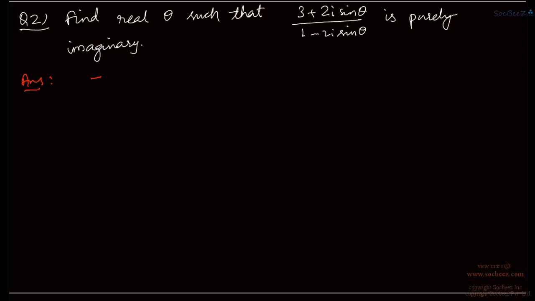So, let's call this z. z is 3 plus 2i sin theta by 1 minus 2i sin theta. See that the denominator is actually a complex number. So, we will first try to make it real.